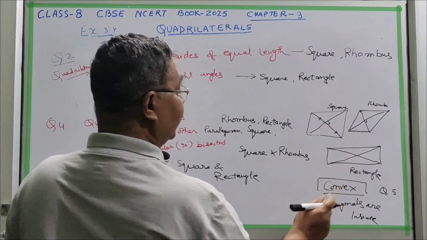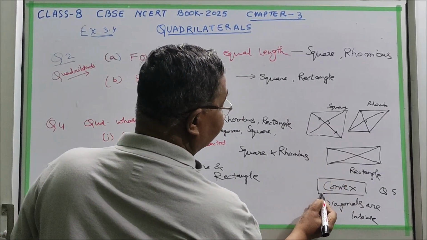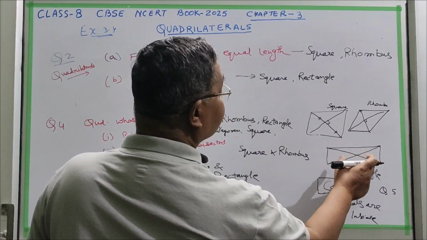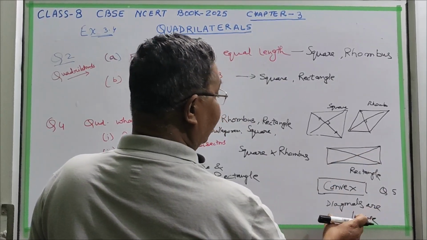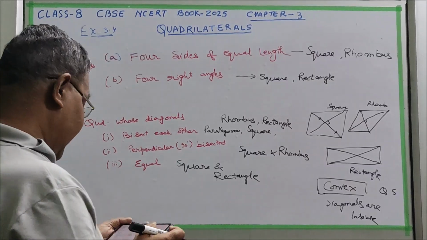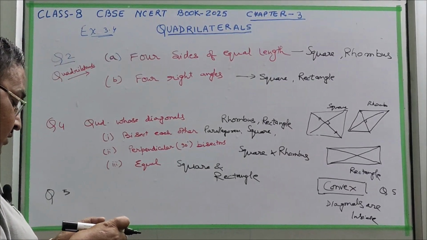So it is a 2D picture and it is convex. It will be convex because its diagonals are inside it. Okay, now question number 5 is over. We will go to the next question.